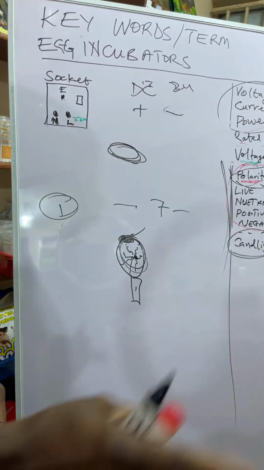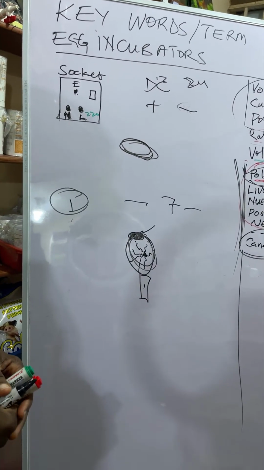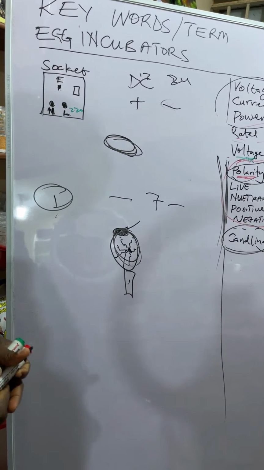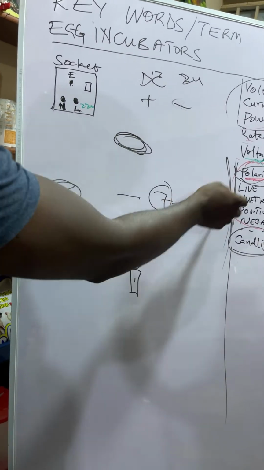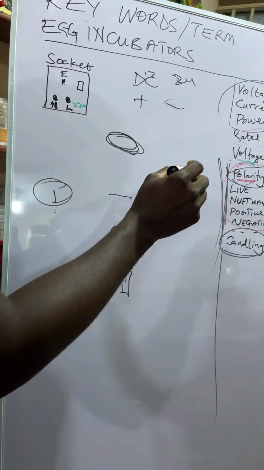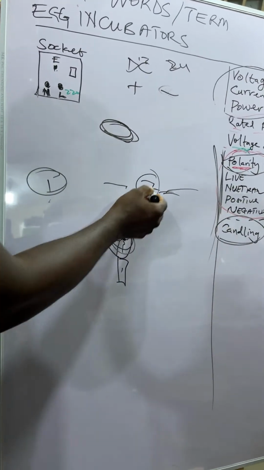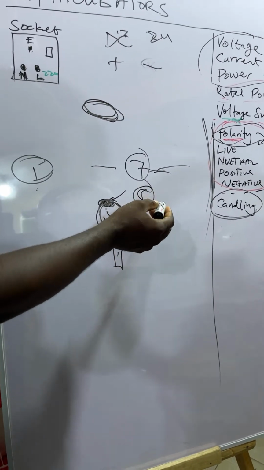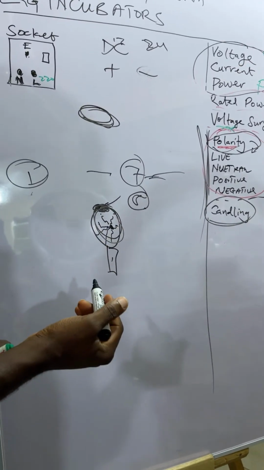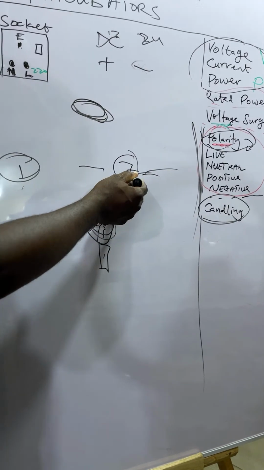Someone's asking what's the correct day for checking the eggs? Seven days going. If you are very experienced, at 5 days you can see it, but not all of us are very experienced, so you wait 7 days.